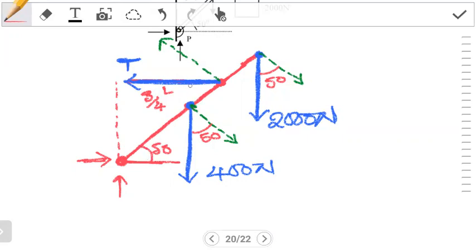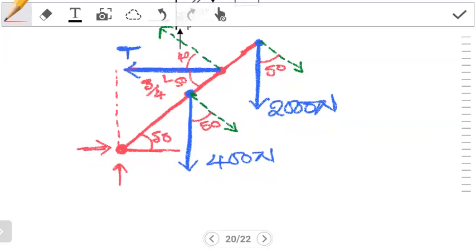And if this is 50 and we know this is a right angle, then this must be 40 as well. Or we can still use this 50 here. So this is 50, this here is 40. I hope you are able to follow that. Now we can stick to the 50.